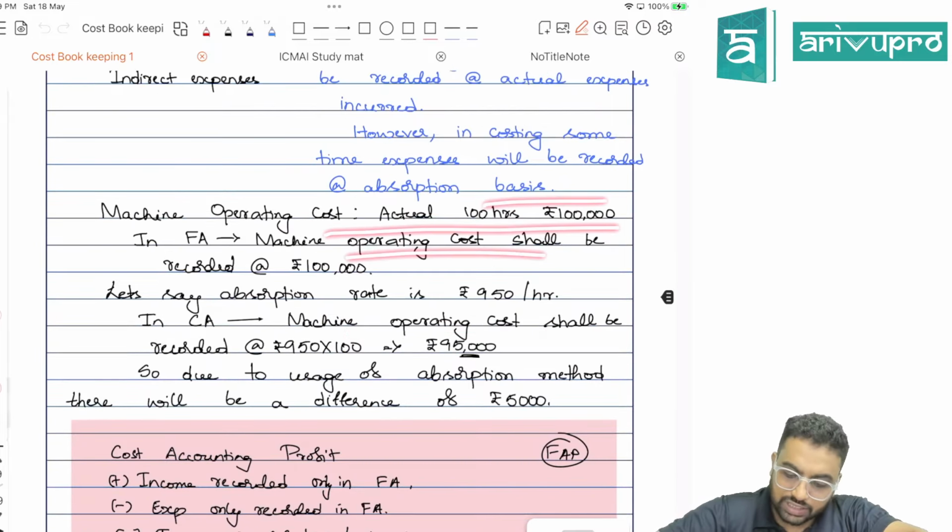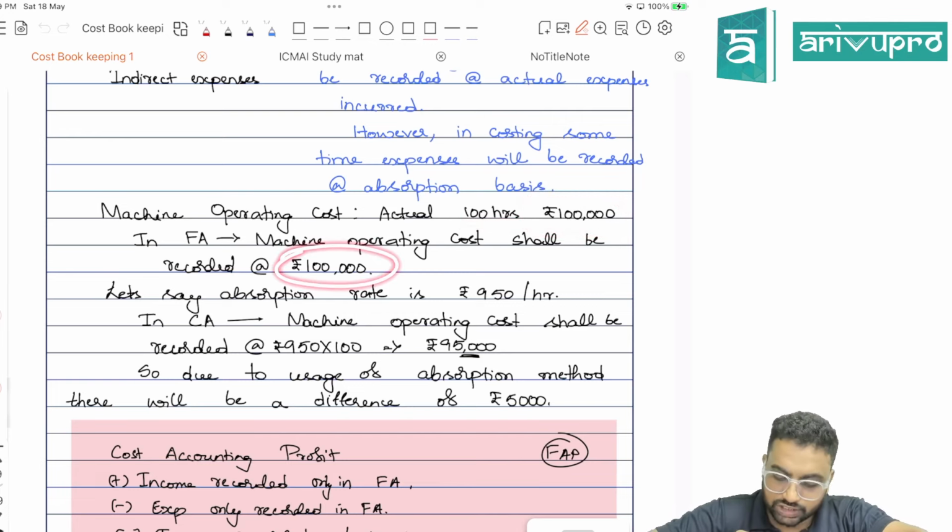Please go through this. Machine operating cost: actual 100 hours we operated, paid 1 lakh rupees. In financial accounting, I record it as 1 lakh rupees only. Let's say the absorption rate is rupees 950 per hour.